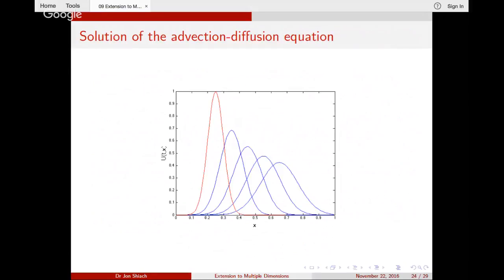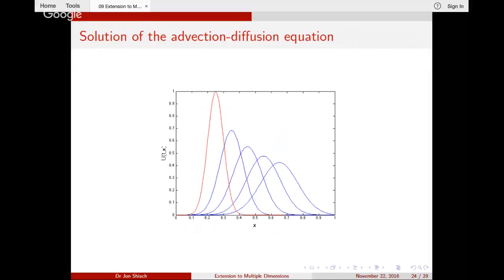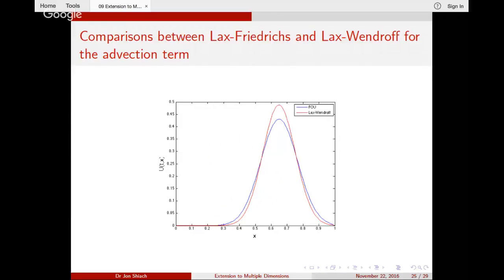So this is this solution here, the last sort of bell-shaped curve there. And just to compare them, you can see that the red one doesn't have as much dissipation. Okay, so you should probably have chosen a second order scheme for the advection part as well. And that's just something to be aware of.